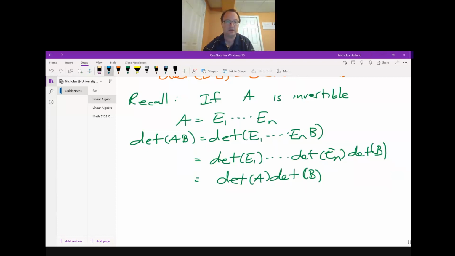So if A is not invertible, then A is equal to a bunch of elementary matrices times a reduced row echelon form that has a row of zeros.